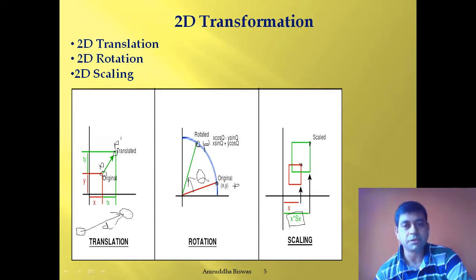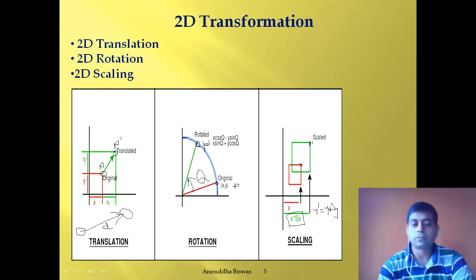So this is P and this is P dash if we consider. So we can calculate the x-axis value of this particular point: x dashed is equal to x into sx, and y dashed will be y into sy. Okay, y into sy. So this is the way the scaling factor works.